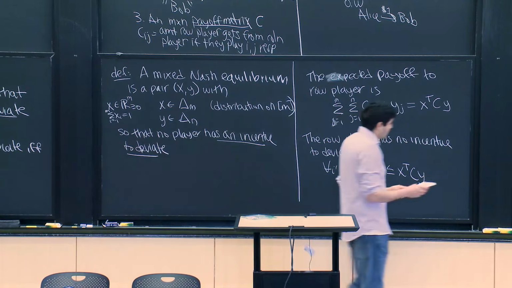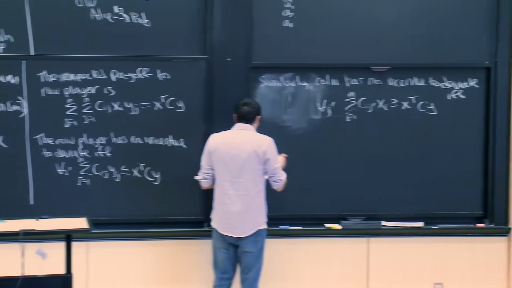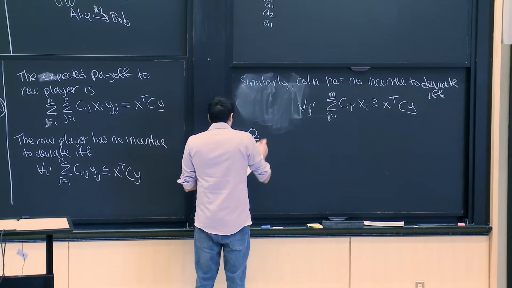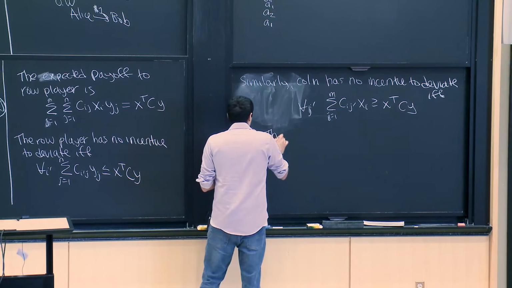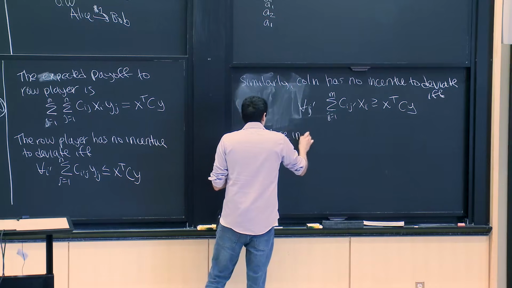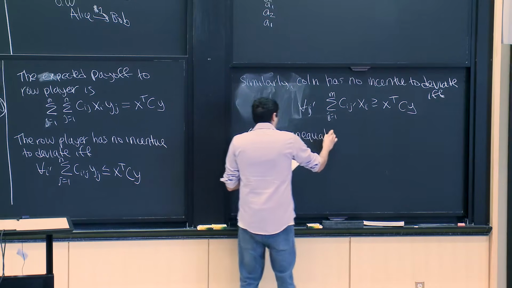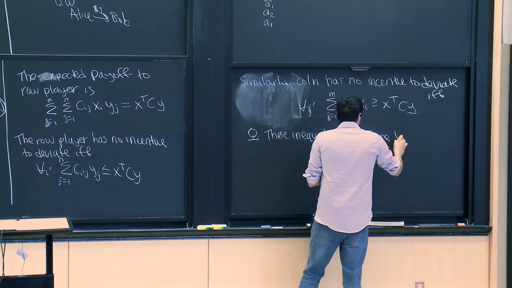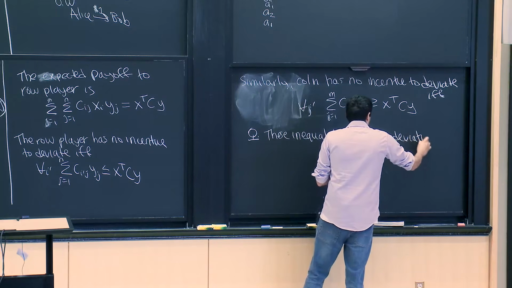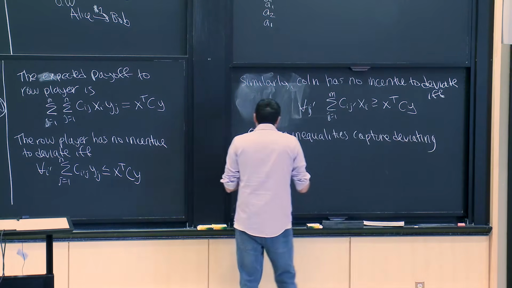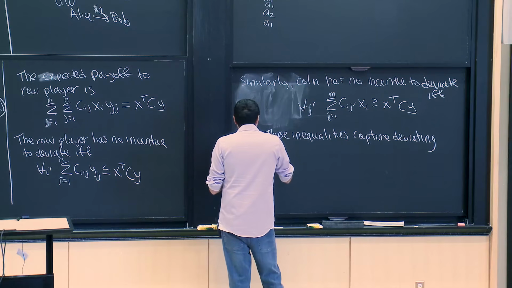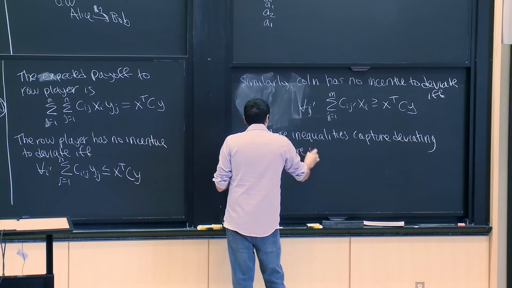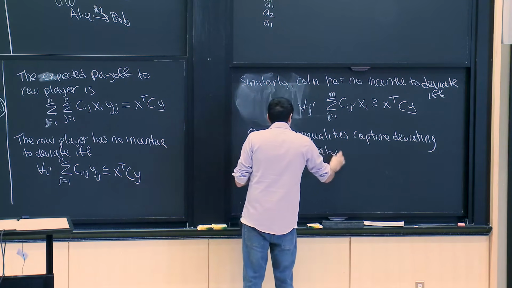Now let me ask a diagnostic question, right? The way that I've defined it, these inequalities capture deviating from a randomized strategy, but to a pure strategy.